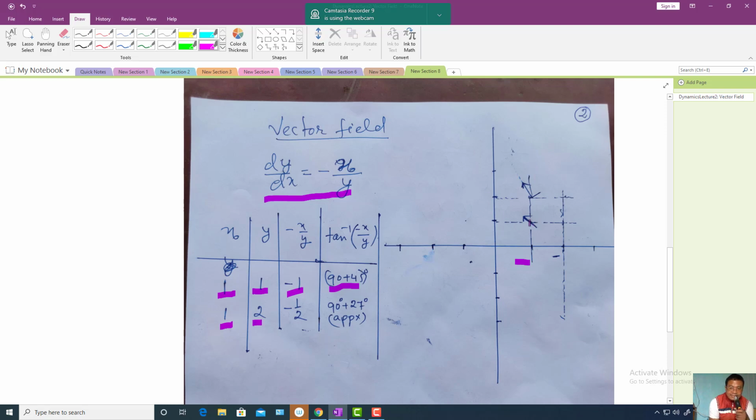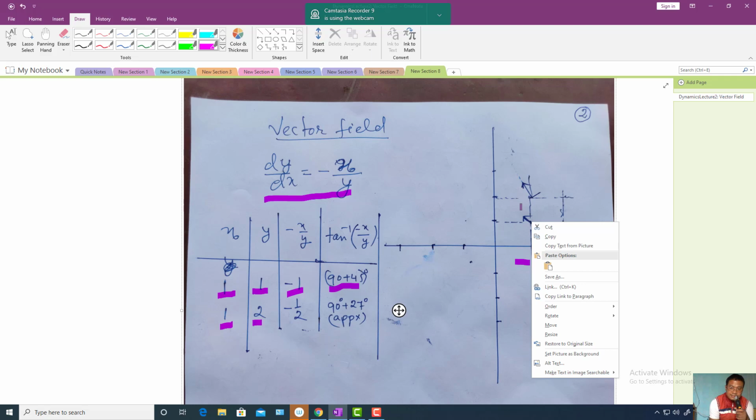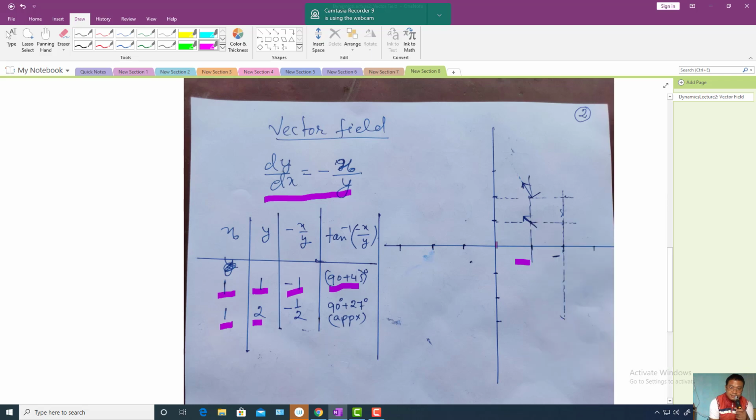Okay, so in this particular point, suppose you don't know the curve, but if you know the direction, you can roughly sketch the curve. All right, at this particular point, x is equal to 1, y is equal to 1. What is the degree? It is 90 degrees plus 45 degrees.